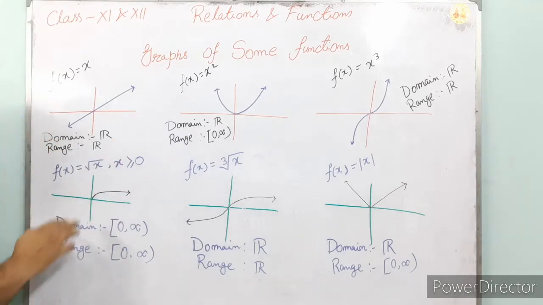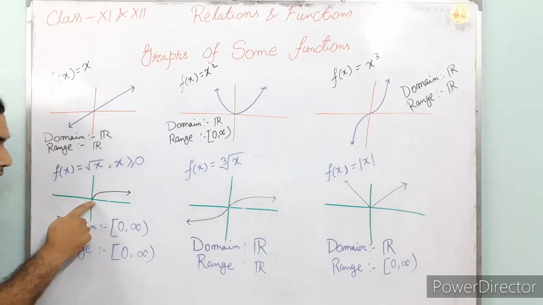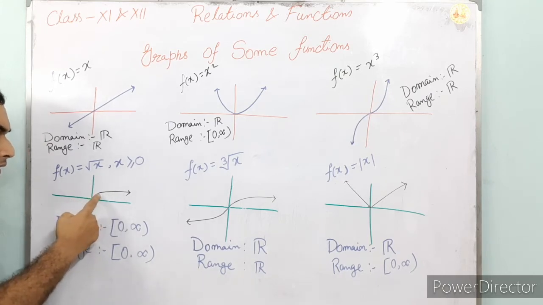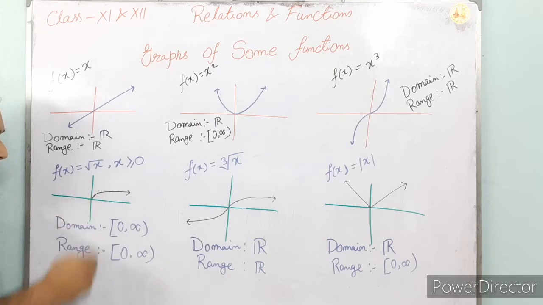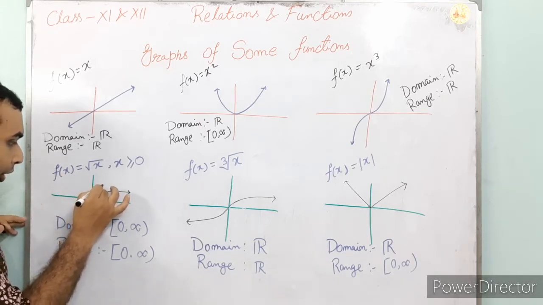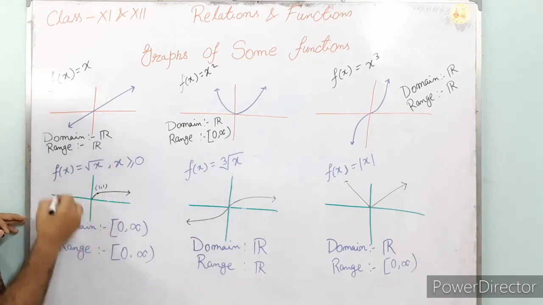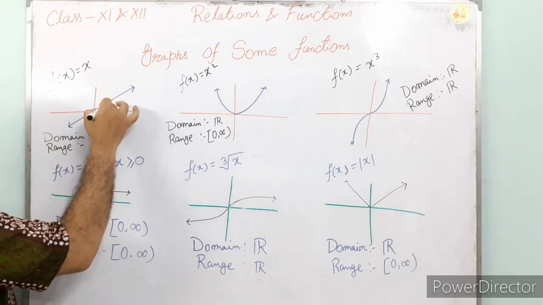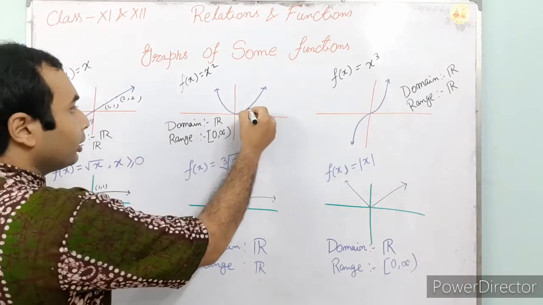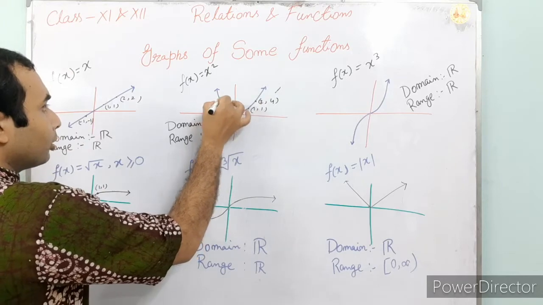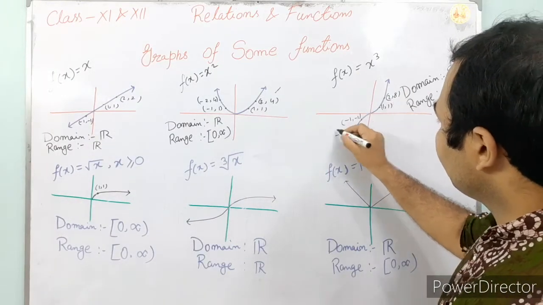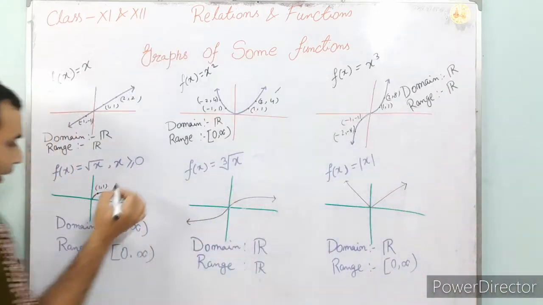Root of 0 is 0, so the point (0, 0). Root 1 is 1, so here the point (1, 1).